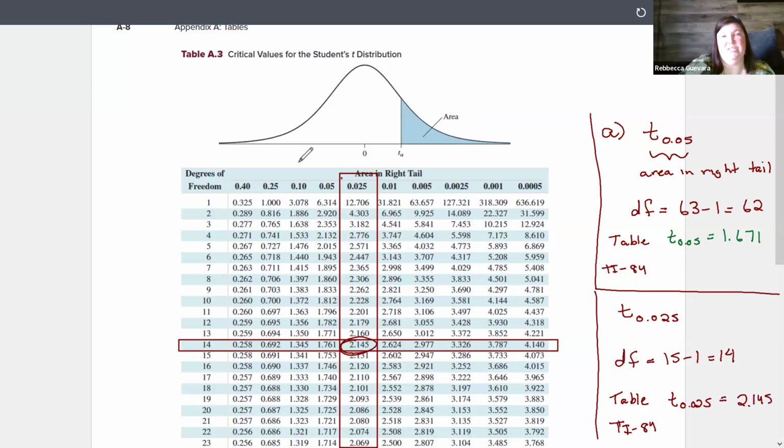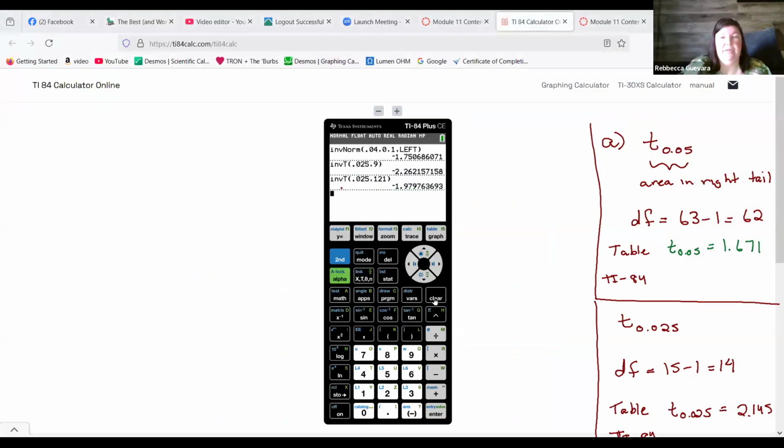All right, let's do this in the TI-84. Okay, so let me clear everything there. So for A, we go to second, vars. We go to number 4, invT. My area is 0.05, and I have 62 degrees of freedom.